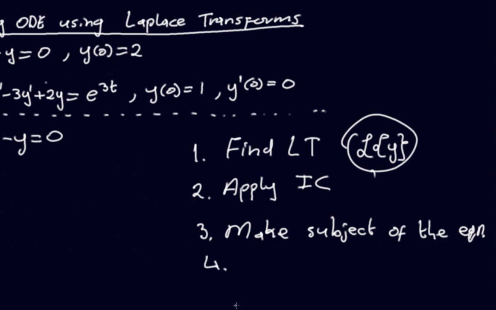Then the last thing that you must do is find the inverse of the Laplace transforms. Finding the inverse of the Laplace transform will give you the actual y that you are looking for, which is the solution to the problem we are solving.